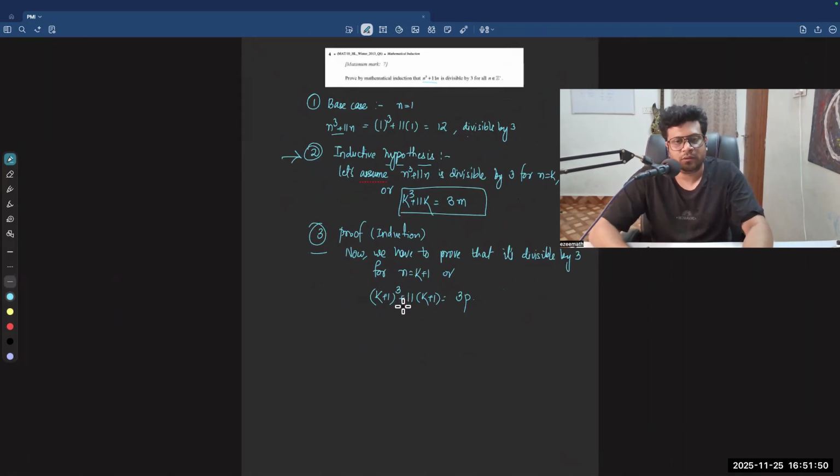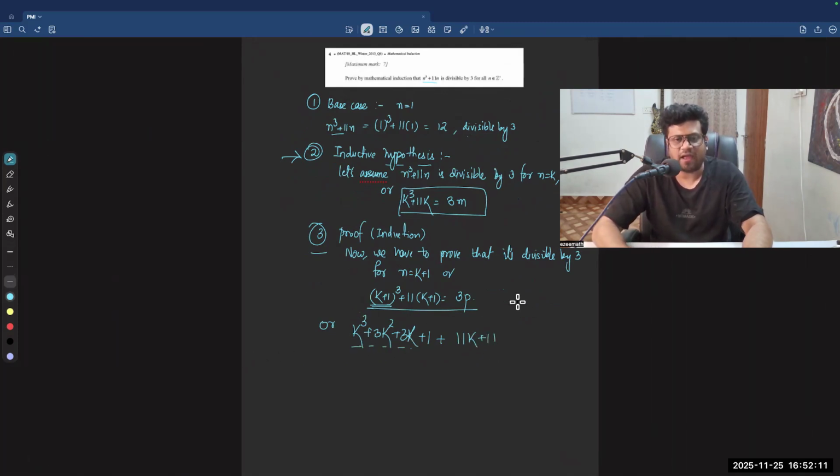So we expand what we have: k cube plus 3k square plus 3k plus 1 is what this part of it expands to, plus 11k plus 11. Where has this come from?